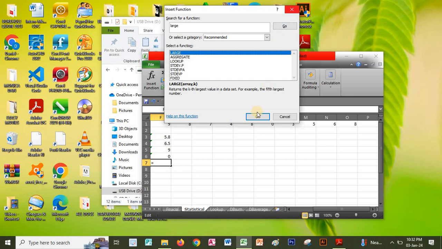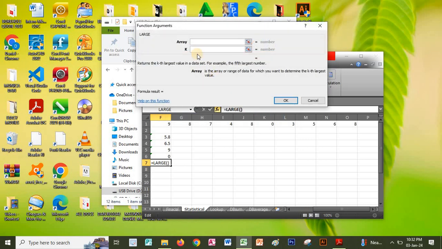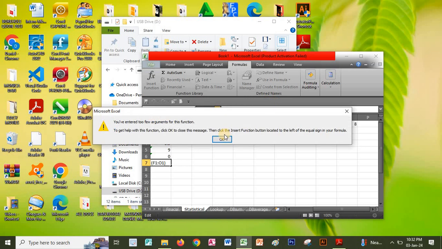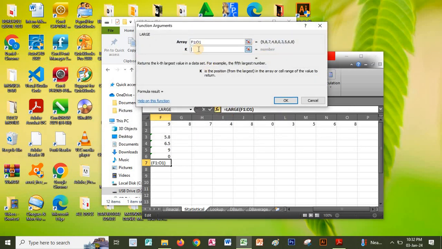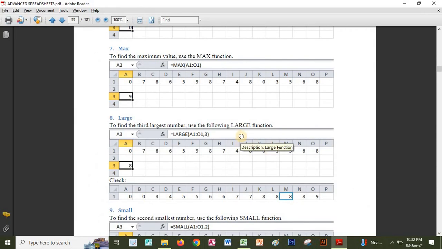So range, let's see, from that group, 3, the third largest.